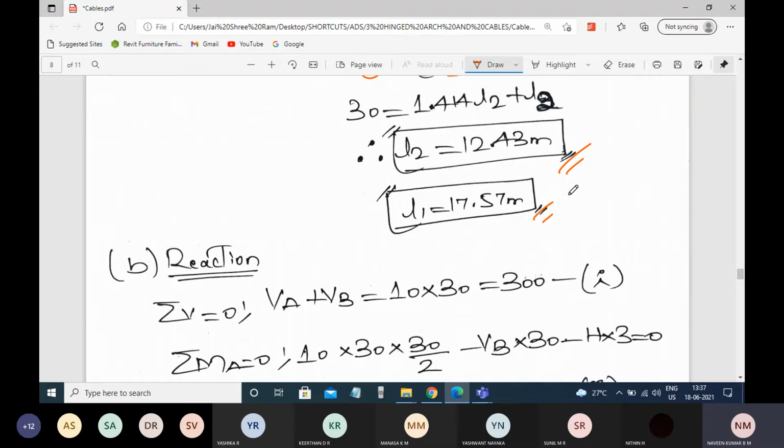So very important is this one, finding the reactions. Okay. So what are the reactions we need to find? VA we need to find, VB we need to find, and H we need to find. But it is quite different when compared to the supports at the same level, because in each equation you will get two unknowns. So again, you need to solve by equations.